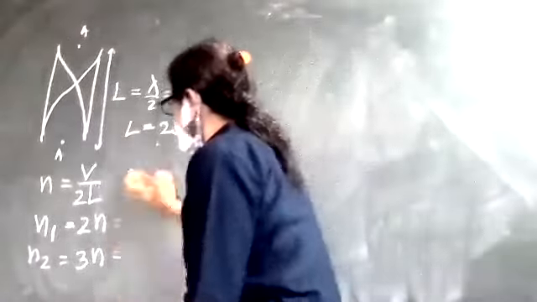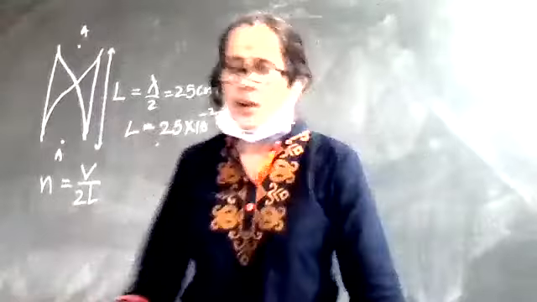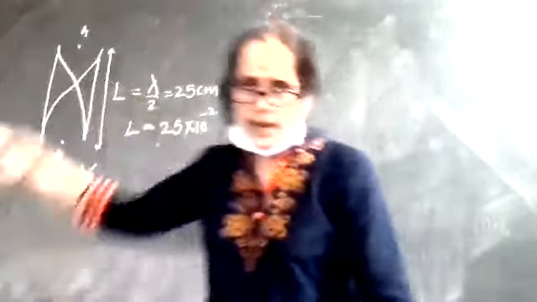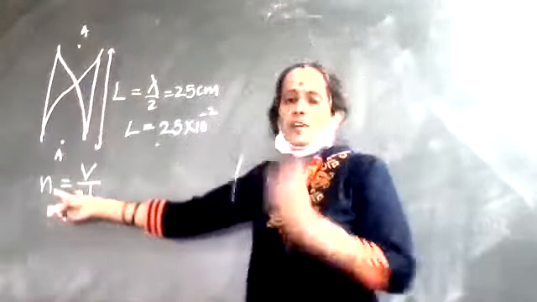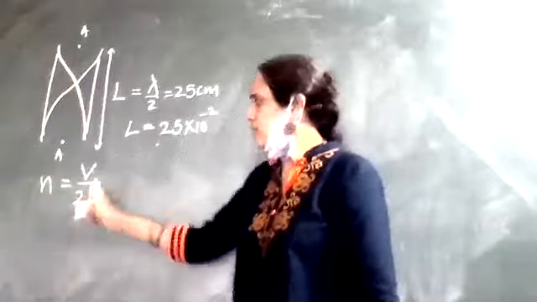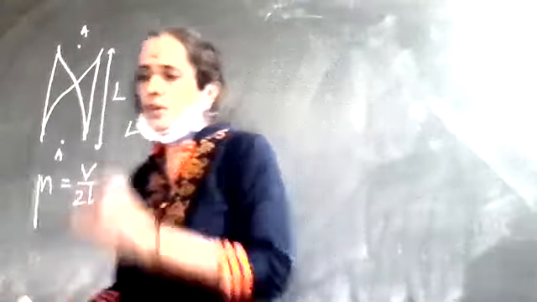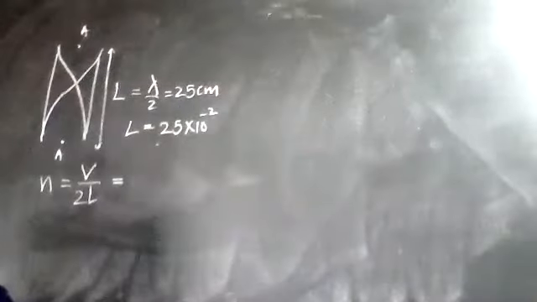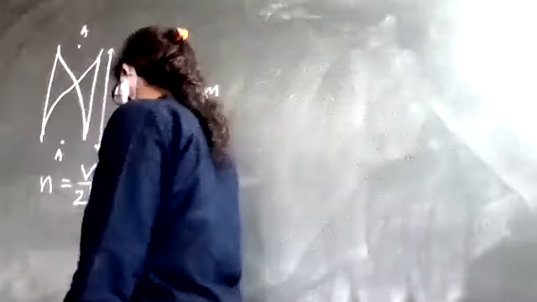Pipe open at both the ends means the same concept: two antinodes will be formed at the open ends. So fundamental frequency n is equal to V by 2L, and this fundamental frequency is equal to 600 hertz.